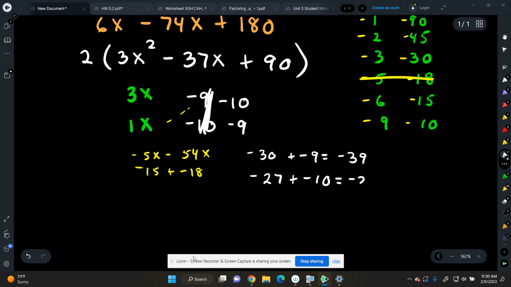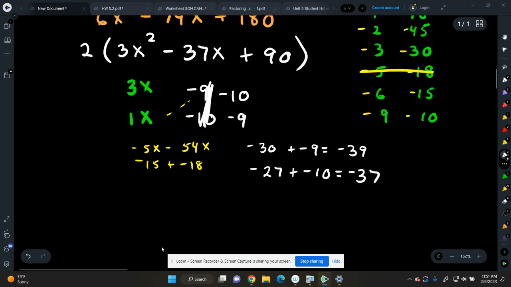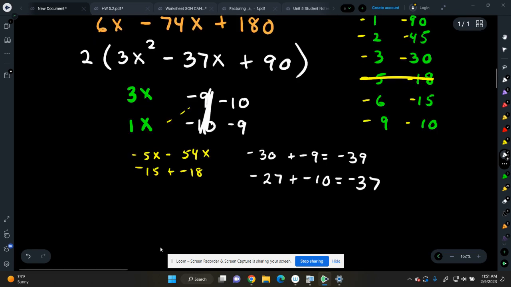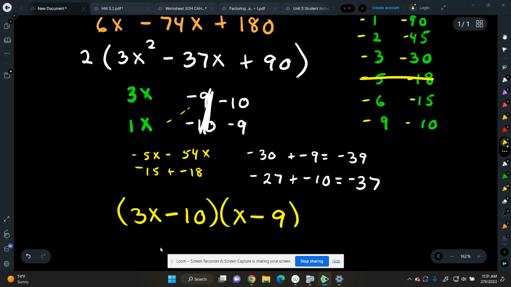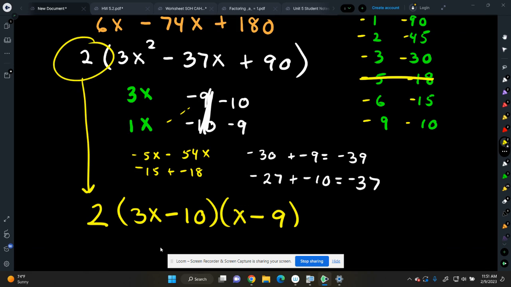There we've got our negative 37. So our factors are 3x minus 10, x minus 9. Don't forget about that 2 outside. Now it is completely factored.